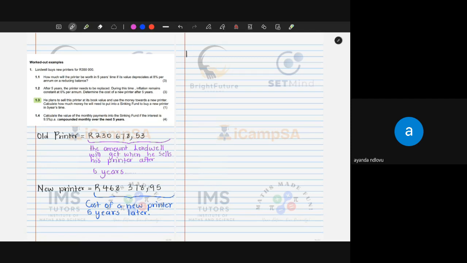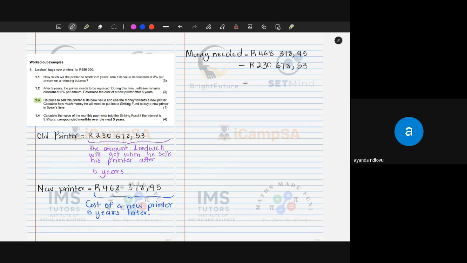Oh, yes, sir. So the money needed, which Lord Well needs, will simply be the cost of the new printer, which is 468,378.95. I need you guys to subtract the old printer, 230,678.53.